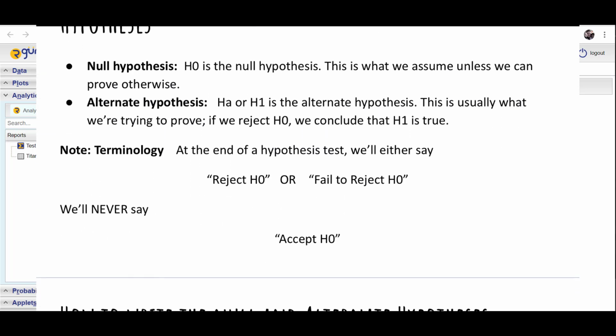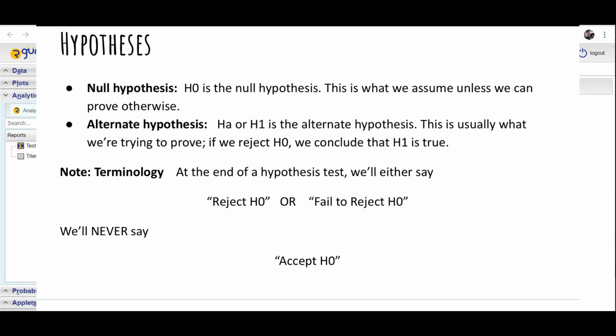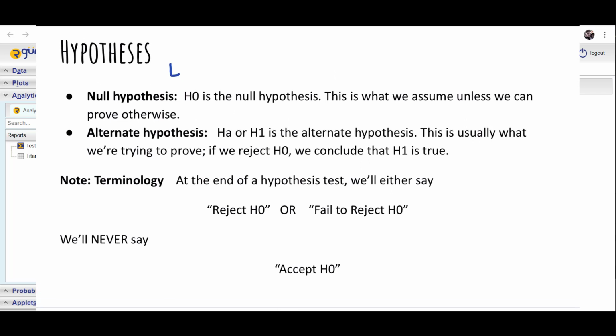All right, so let's talk about those hypothesis statements. So this is like the opening statements in a trial. The lawyers, right? They come up to the jury and they make their opening statements. And we call those opening statements for a hypothesis test the null hypothesis and the alternate hypothesis.